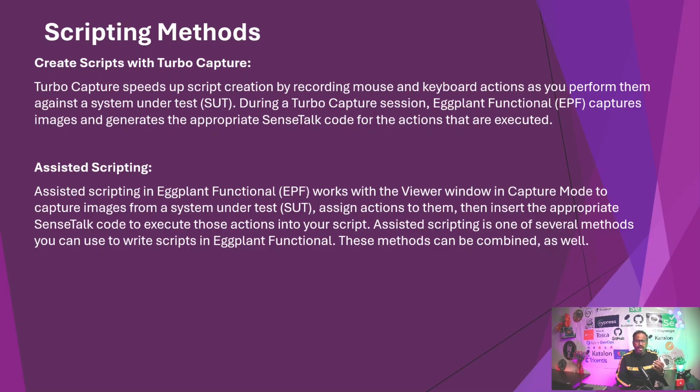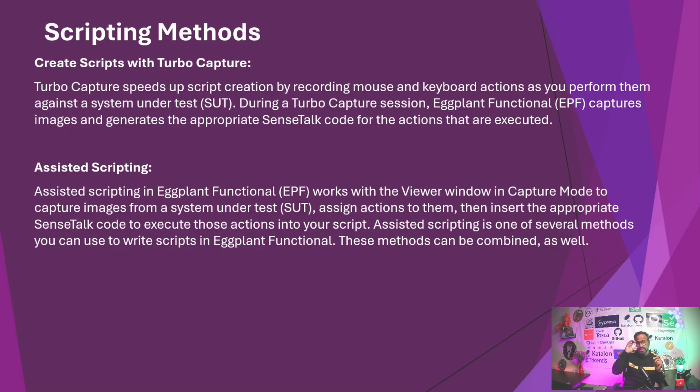Basically, you are taking the assistance of capture mode to write your script. We are not using record and playback here, but we are taking assistance by using the viewer window in capture mode. So assisted scripting is one of several methods you can use to write scripts in Eggplant Functional.